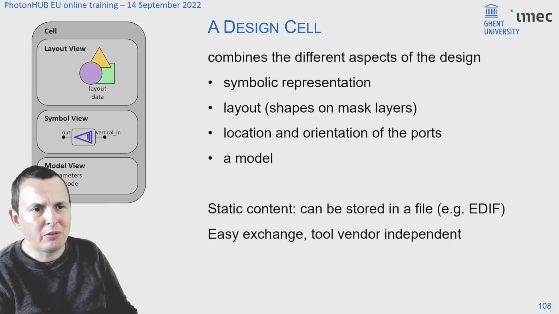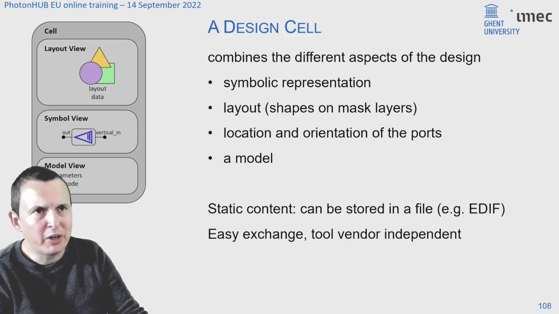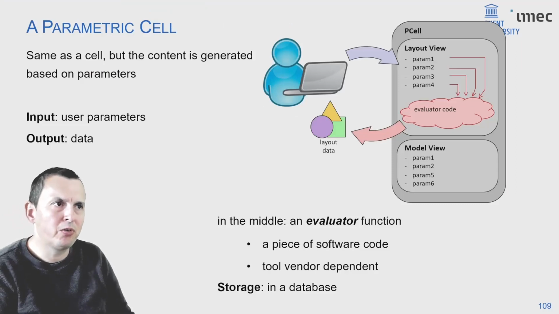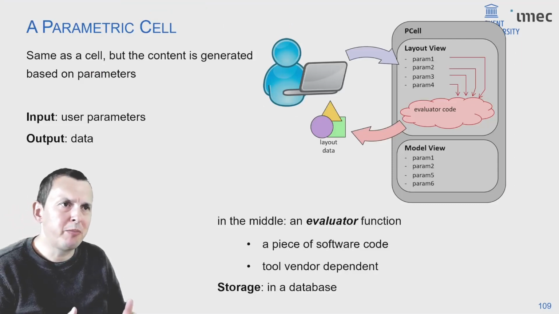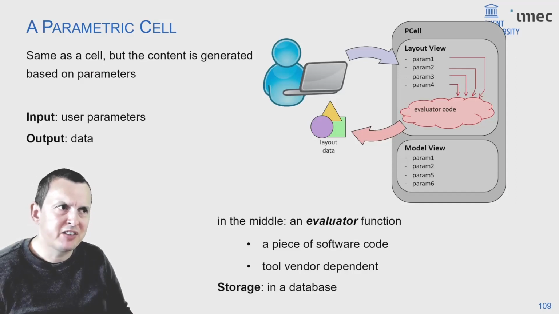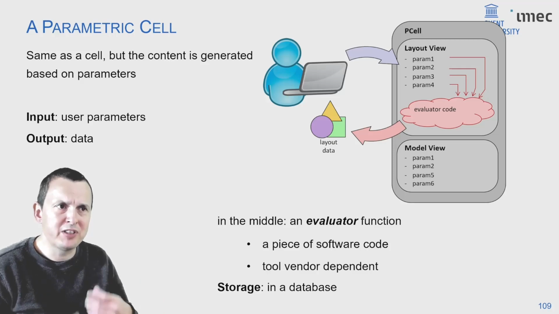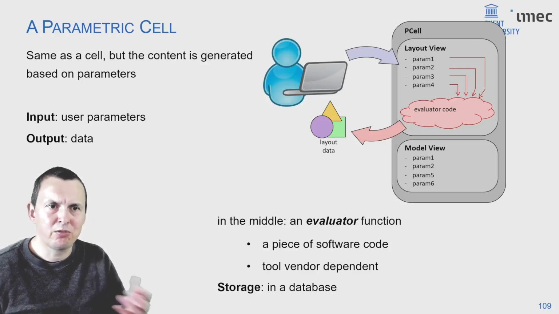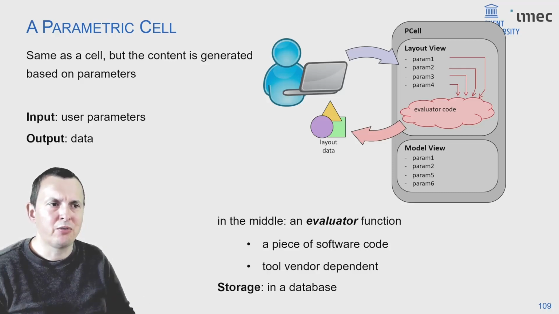But in reality, we find that most of the cells that are being used are not static cells, but are parametric cells. Essentially, a parametric cell is no longer just a set of data, it's a piece of code. It takes a set of parameters from the user, like for instance the radius of a ring resonator, and then the code inside is evaluated and it spits out the resulting data, the layout of that ring resonator with a certain radius.